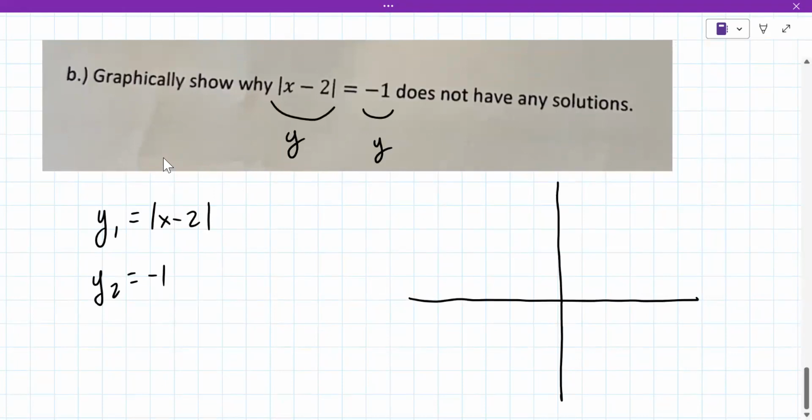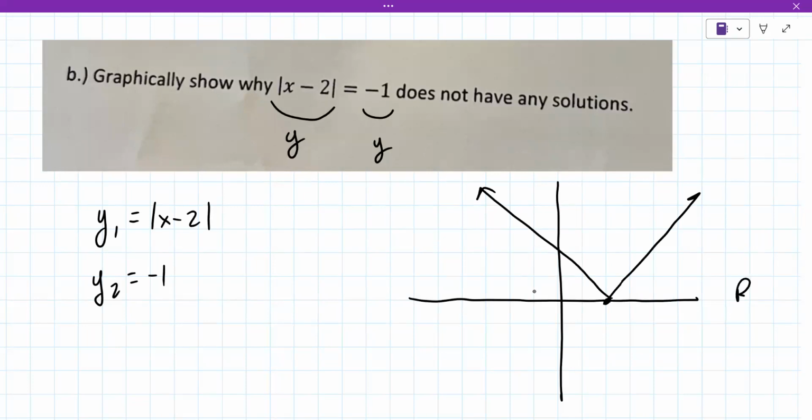What does -2 do for a transformation? To the right 2. To the right 2, yeah. So let's move the absolute value to the right 2. Something like this and like this.